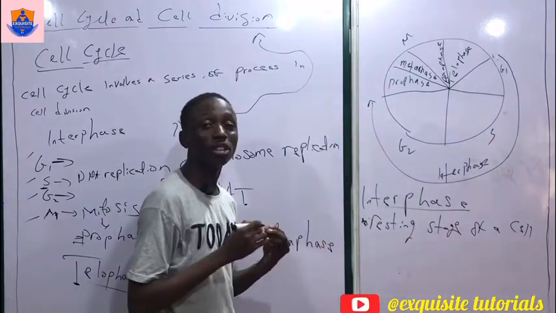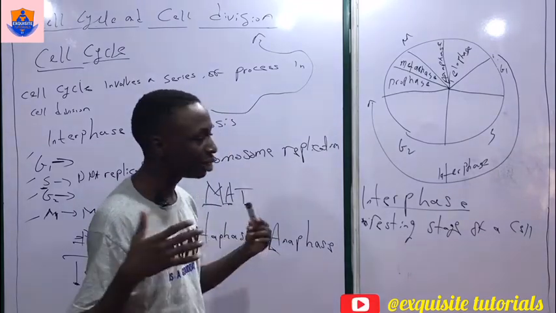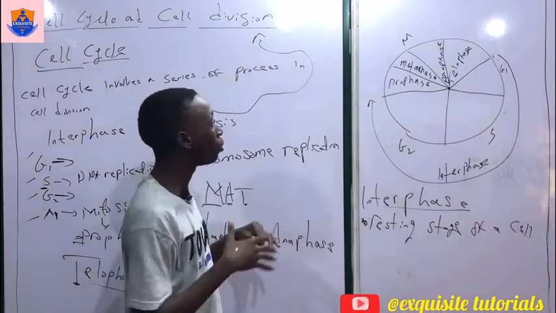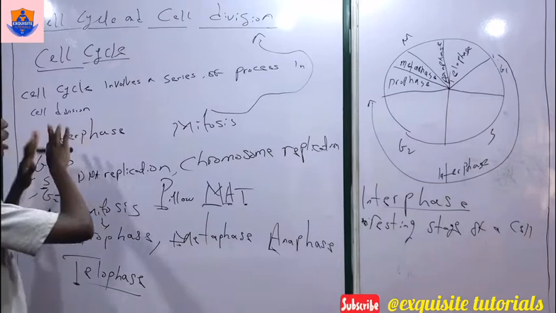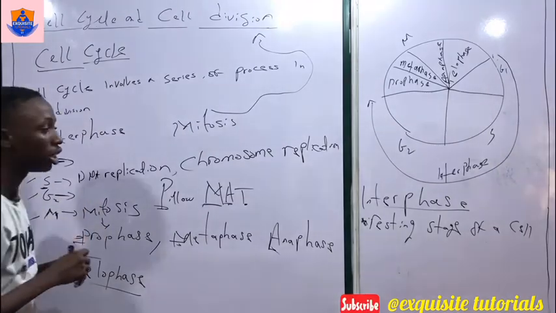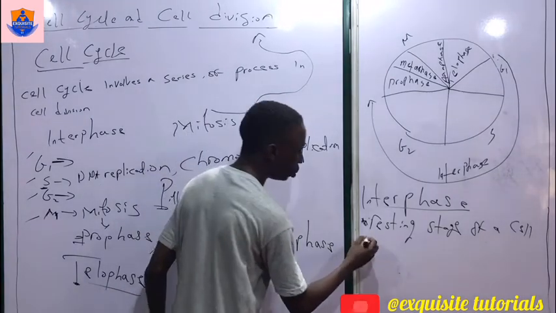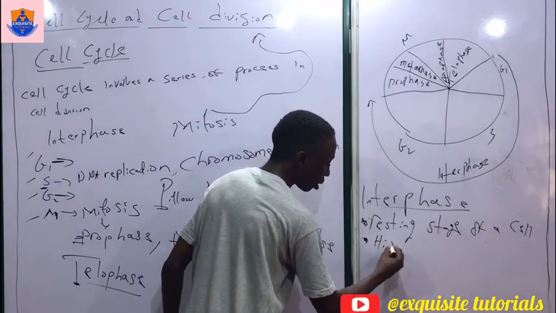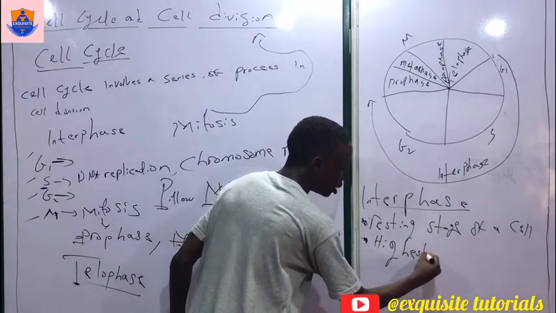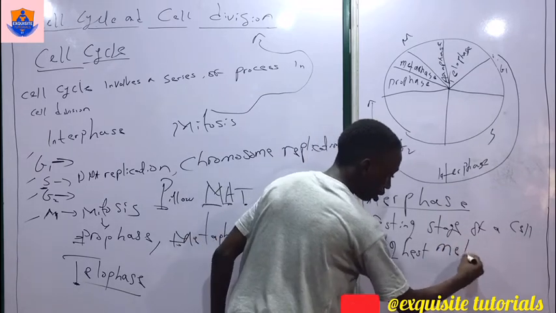Now note that the interphase is the longest stage of the full cell cycle. The interphase is the longest stage. Now, the interphase is also the stage with the highest metabolic activity.